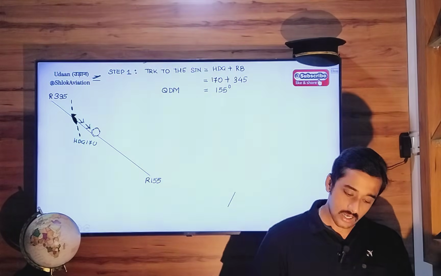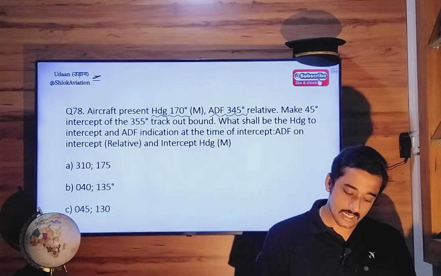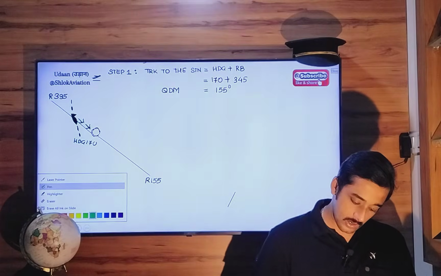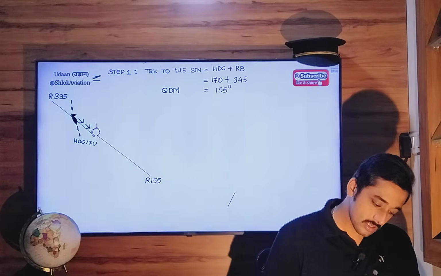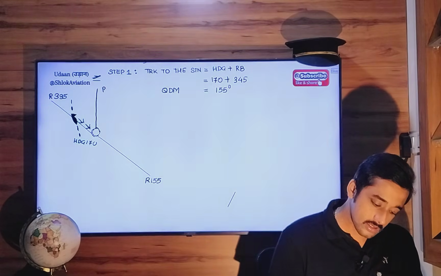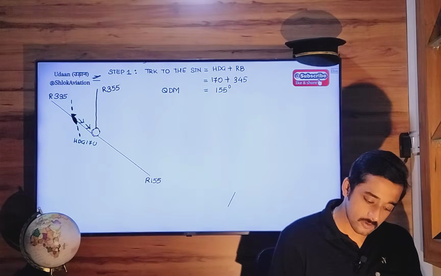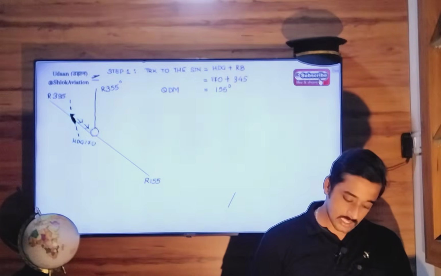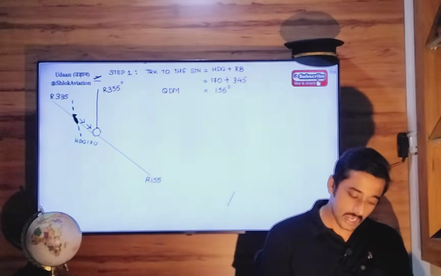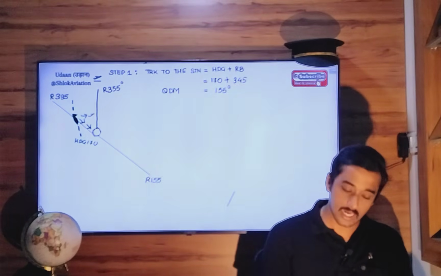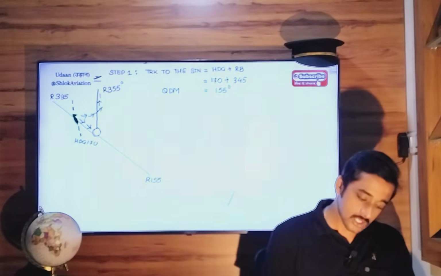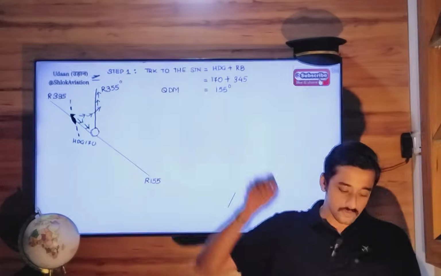Now ATC has asked you to intercept 355-degree track outbound. So this is your track, 355-degree outbound. So that means from this present position, you are expected to make a turn to the right hand side, correction, to the left hand side, intercept this track, and then fly along this track outbound.